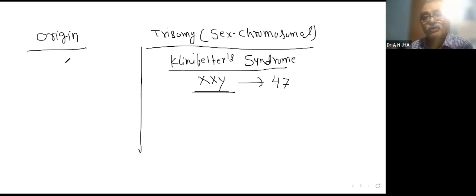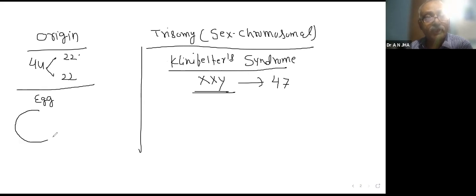The origin, how is it possible? In this case, you know, the autosomes are 44. During gamete formation, there is no problem in the separation of autosomes. They get separated. It can arise either from an abnormal egg or the sperm. Suppose oogenesis, or egg formation, is going on.